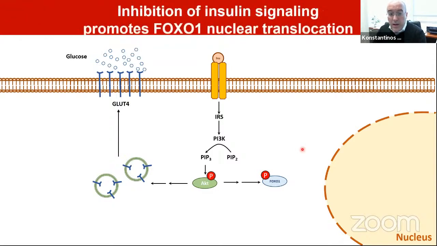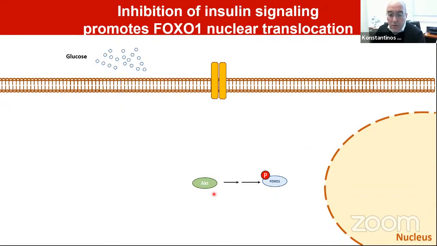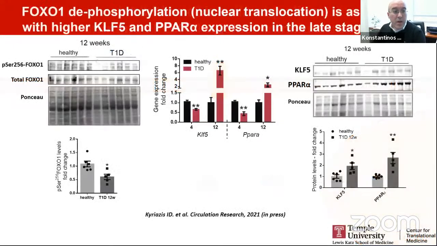But when we have insulin deficiency or insulin resistance, meaning type 1 or type 2 diabetes, the lack of AKT phosphorylation results in dephosphorylation of FOXO1, and this leads to translocation of FOXO1 to the nucleus and eventual activation of gene expression controlled by FOXO1, depending on another set of post-translational modifications that I will not tell you much about now.